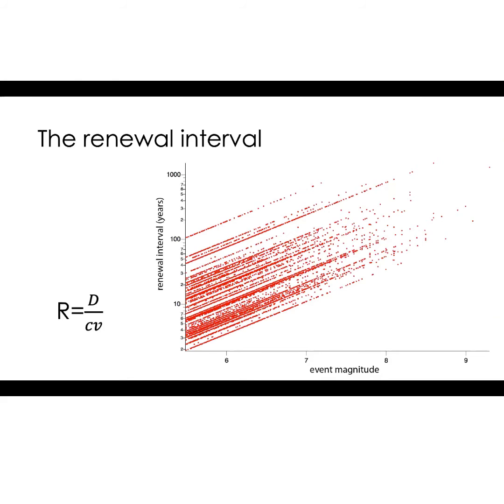So we take magnitude, figure out the average slip, and then divide by the charging rate, which is the coupling for the fault system on which that earthquake occurred times the tectonic velocity across that boundary. And so this gives us probably something like a lower bound on the renewal interval for the system. And we use consistent coupling coefficients from the Berryman compilation and tectonic velocities just from the global plate motion, no net rotation solution.